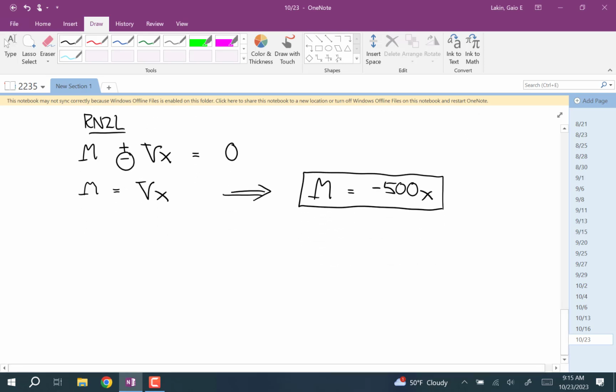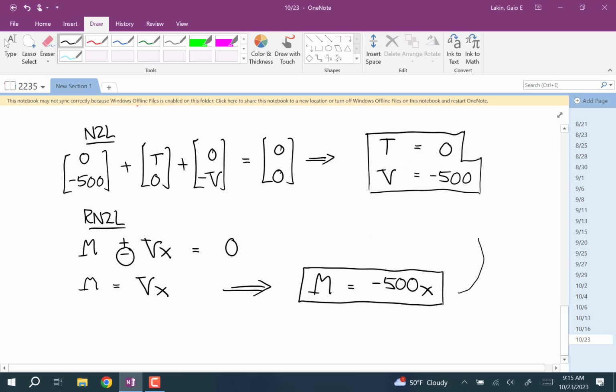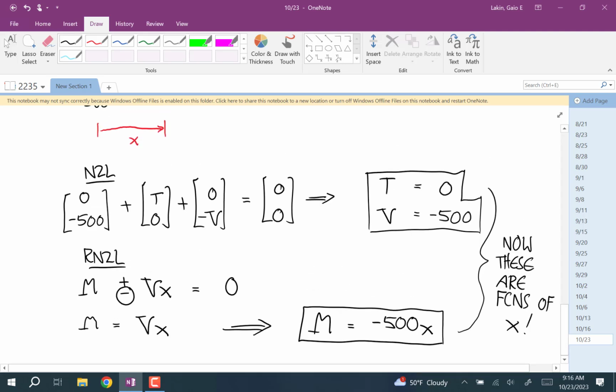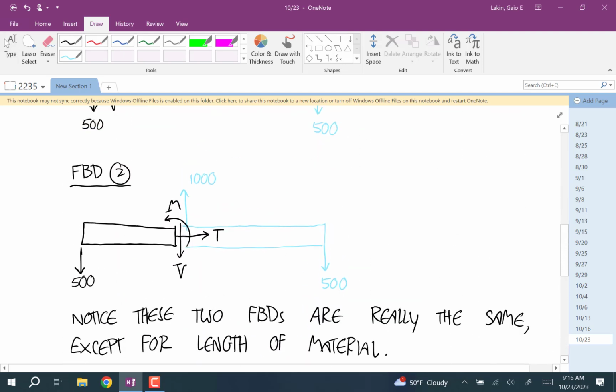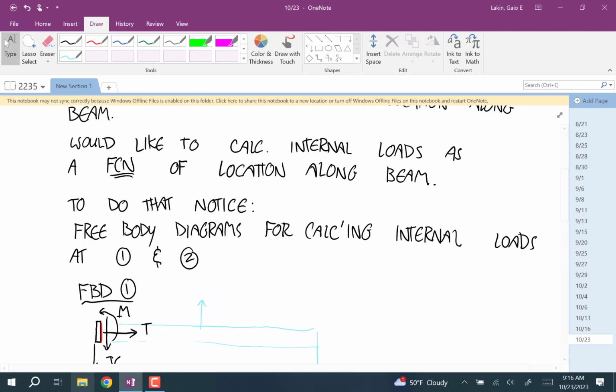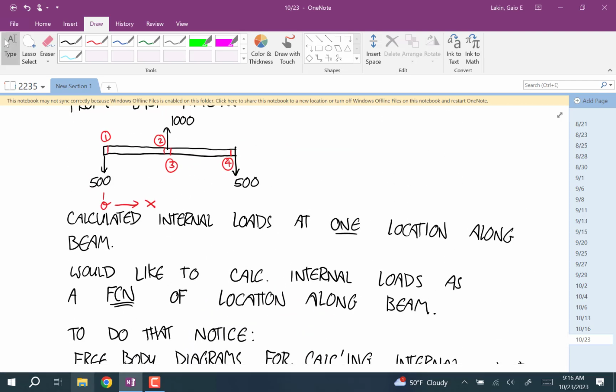Okay, so now these are functions of x. Like this works for any x values between that point 1 and that point 2, okay?